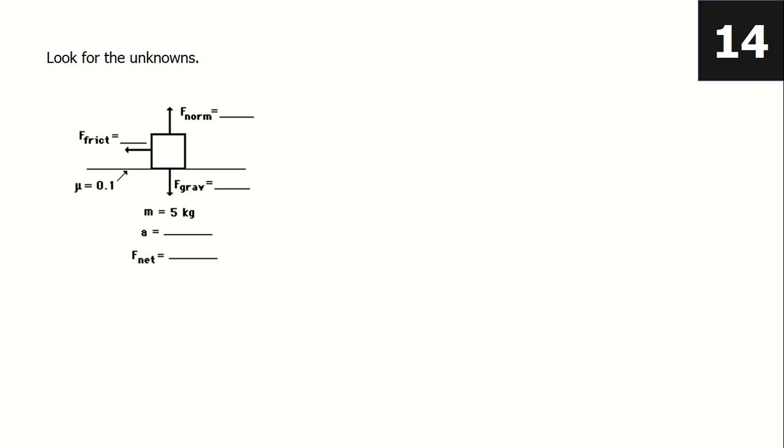But we are given the mass, 5 kilogram, and the coefficient of friction, which is 0.1. Looking at this free body diagram, you can easily solve for the gravitational force, right, since it's only the mass times the acceleration due to gravity. So my gravitational force will be 49 newtons.